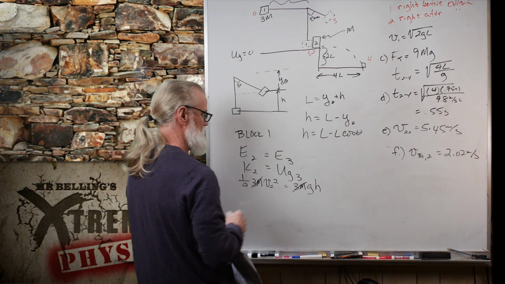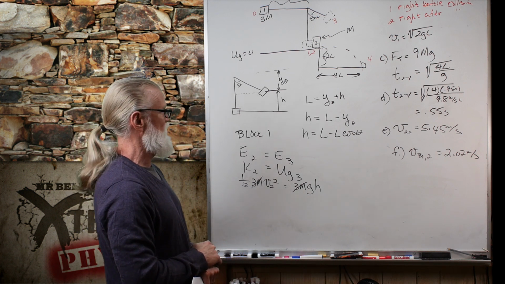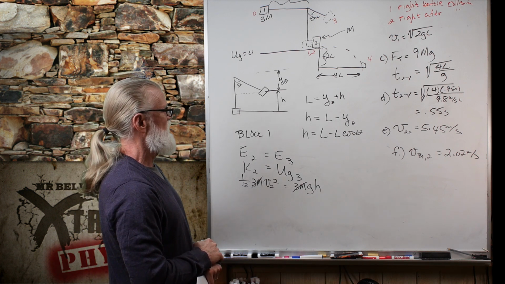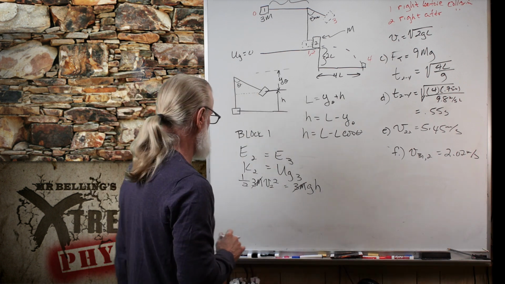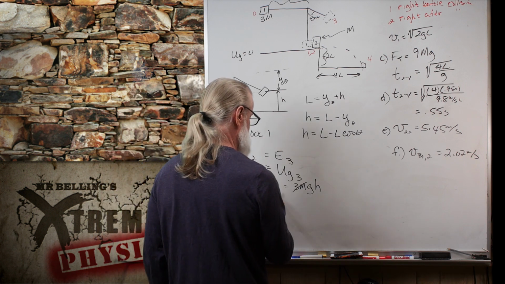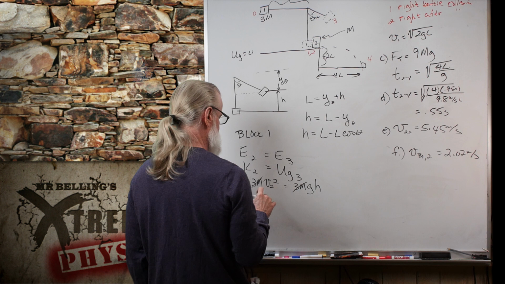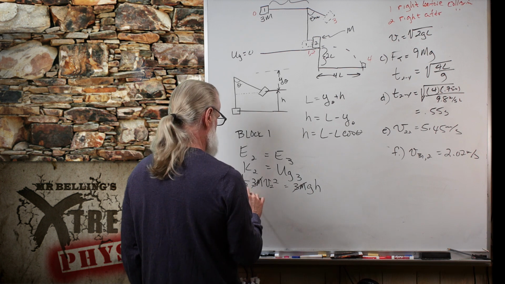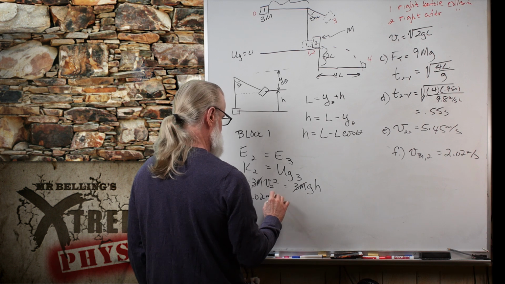Call that h for now. Let's get rid of the masses, and we're going to put in our v2. Block 1 at 2 is 2.02 meters per second. We're going to put that in there in a second. But let's do this. Let's go 2.02 meters per second.